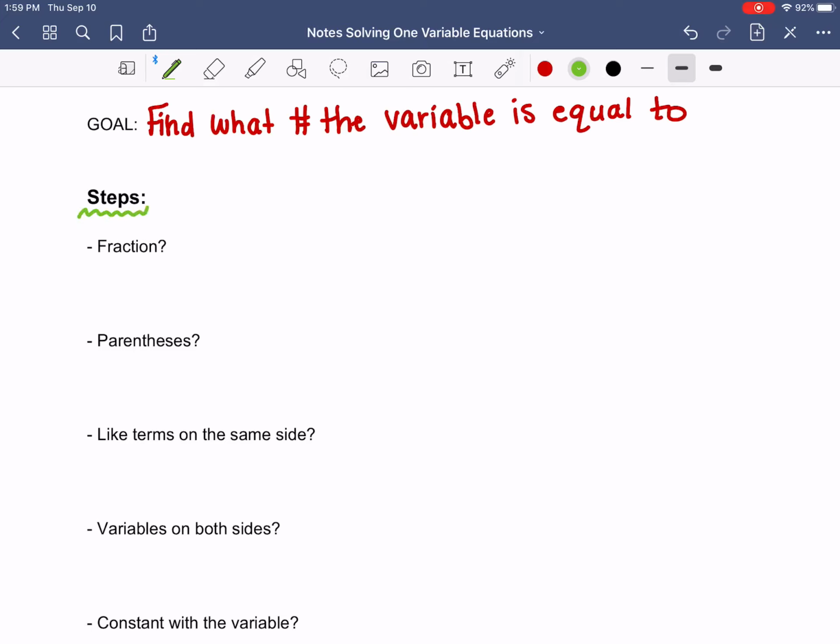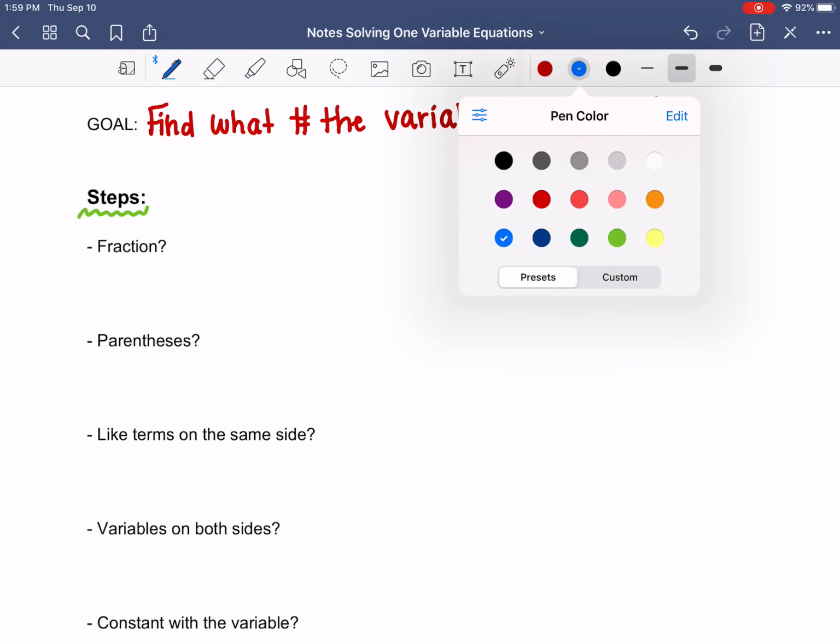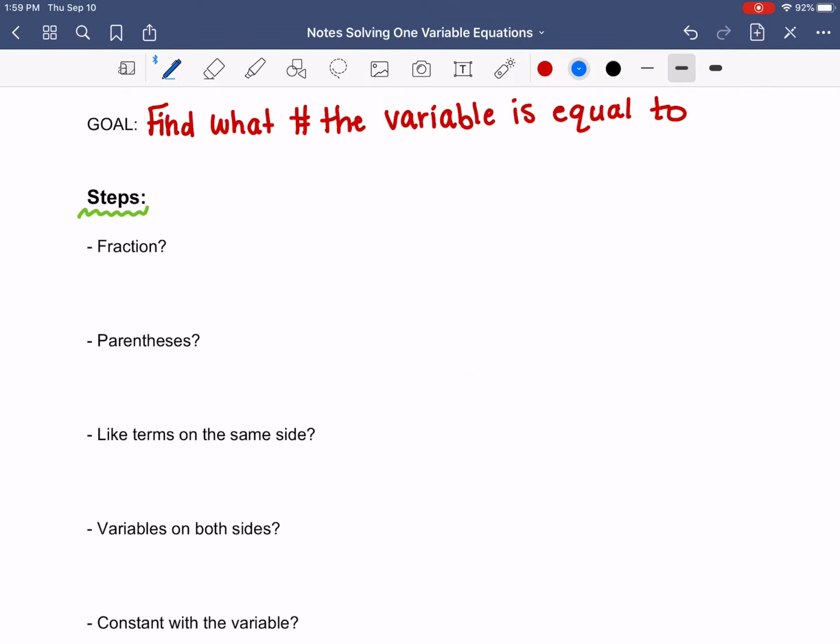So the first thing you should always look for is, do you have a fraction? That's the first thing that you want to tackle. People don't usually like fractions, so usually that's the first thing you're going to try to get rid of.